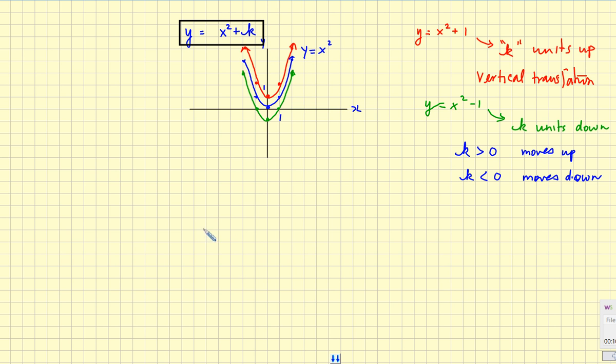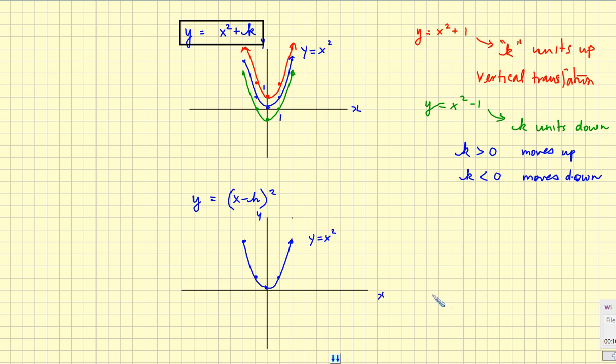All right, the second thing that was observed was when we looked at y is equal to x minus h all squared. And again, if I were to do a quick sketch here, I have my x, y, and 0, 0, negative 1, 1, 1, 1, 2, and 4, negative 2 and 4. There is my, again, y equals x squared graph.